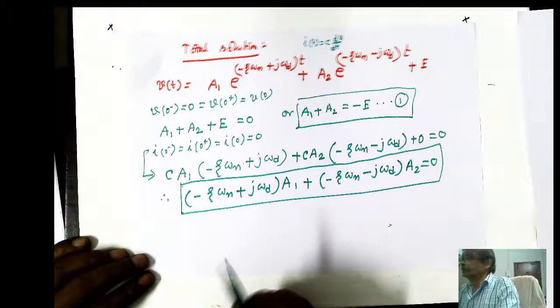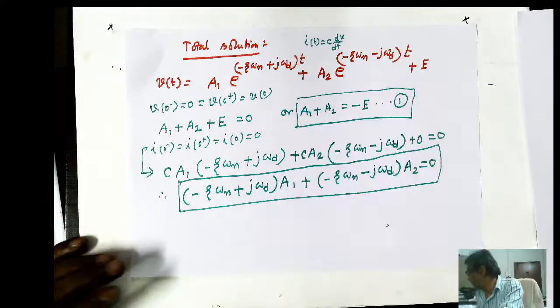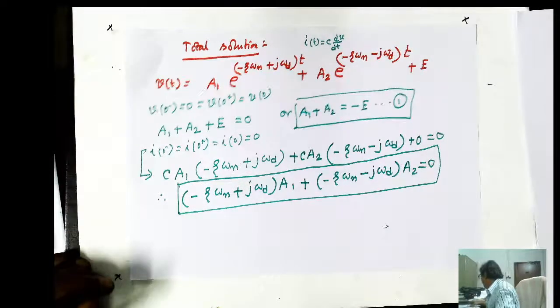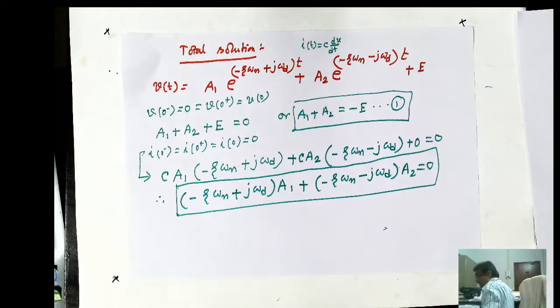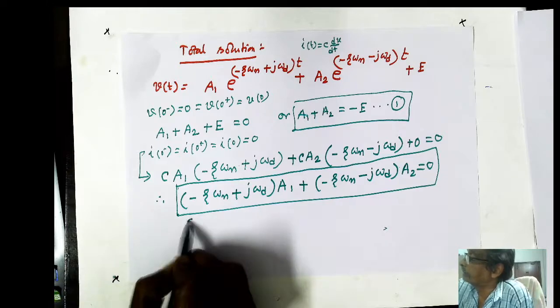Clear? So A1 and A2 can be solved from these two. And the solution, that algebra I will not do. If I have got the result, I will straight away substitute the result. It is like this: solving 1 and 2.